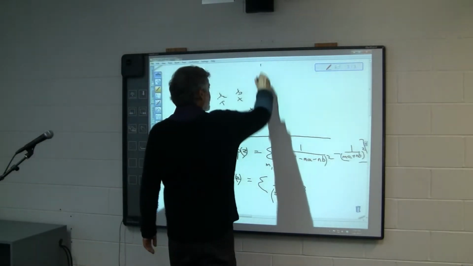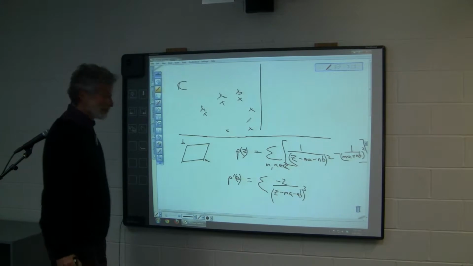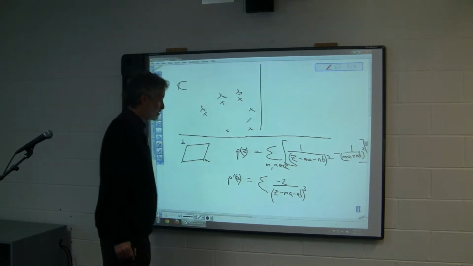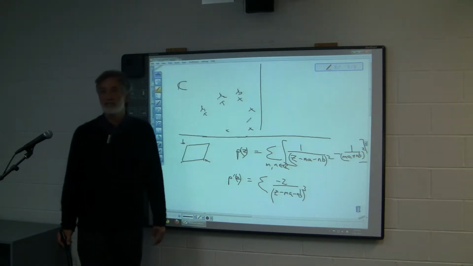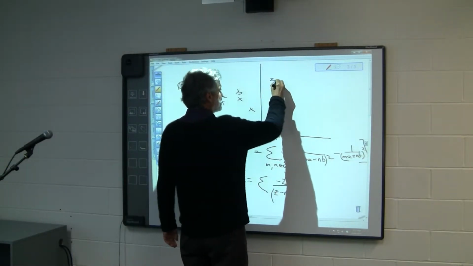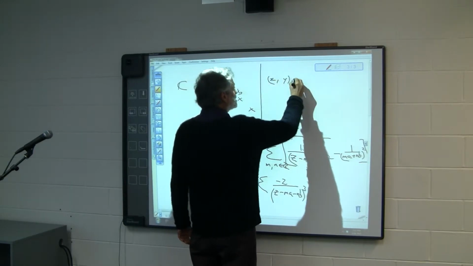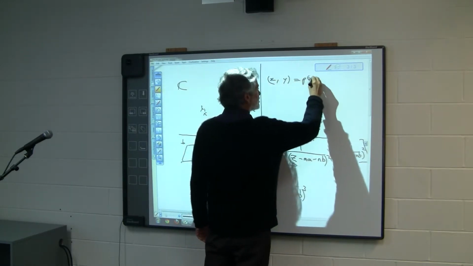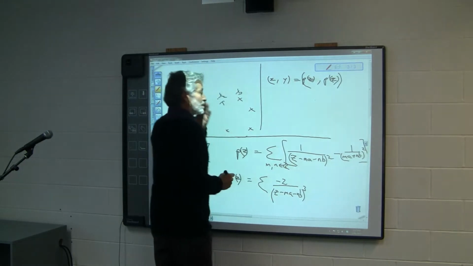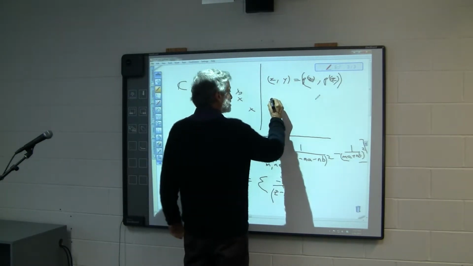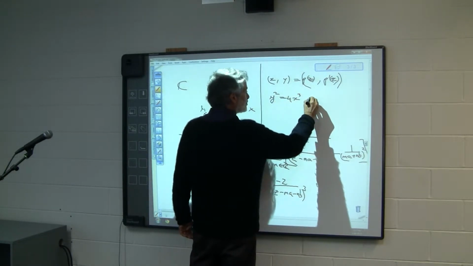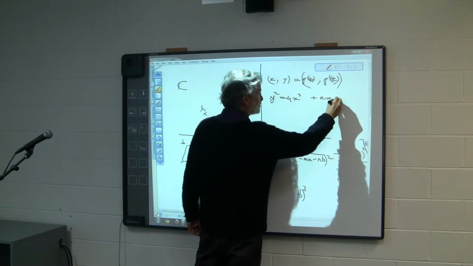So maybe I should try to fit this in here. There are many theorems about this. Theorem 1 is that they satisfy an algebraic equation. If you put x, y equal to P of z, P dash of z, then they satisfy an equation of the form y squared is equal to 4x cubed plus ax plus b.